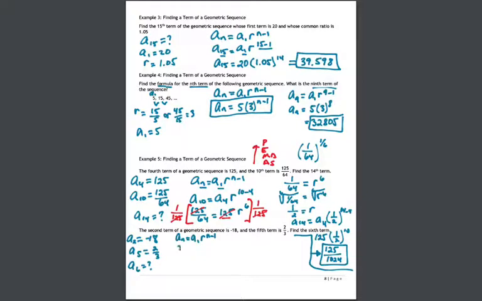So I'm going to use the 5th term and the 2nd term, because those are the ones they gave me. And then multiply that by r raised to the 5 minus 2. So you're going to replace a sub 5 with 2/3 and a sub 2 with negative 18, and multiply that by r raised to the 3rd power.